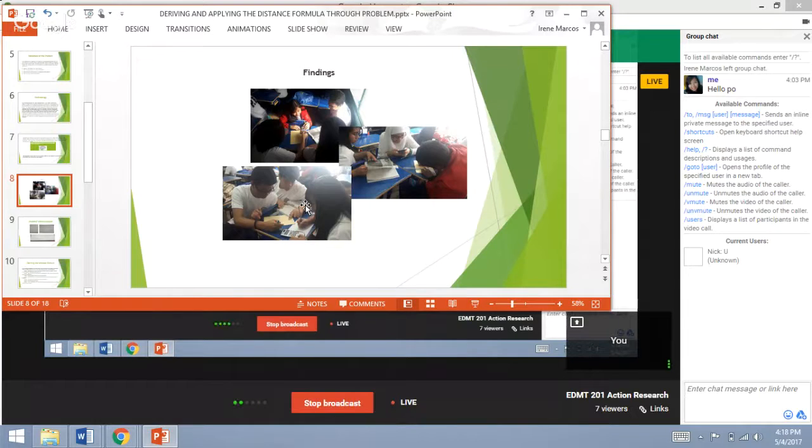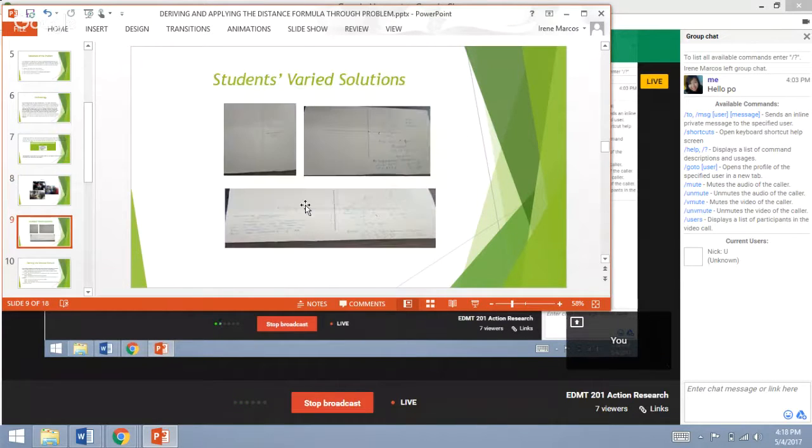The class was divided into groups of 2 to 4 members, and each student was assigned a task in order to formulate their answer. Most of the groups started their work by plotting the points and then solving. Together they solved the problem with the teacher guiding and facilitating them.